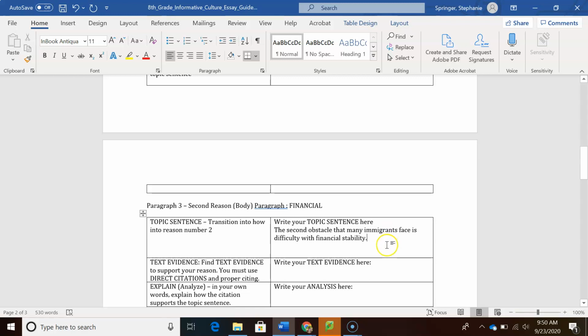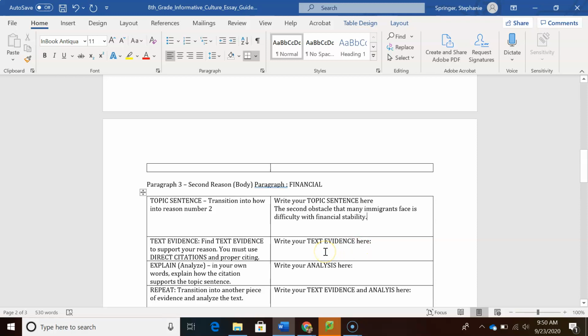So this is going to be our topic sentence. This is reason number 2 that they have problems in America. Financial difficulty talked about again in all 3. So please pick text evidence that supports finances.